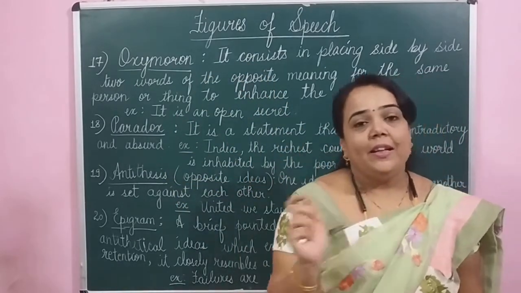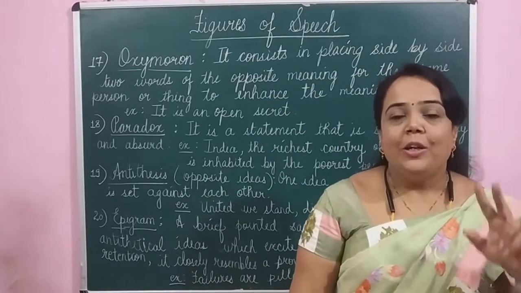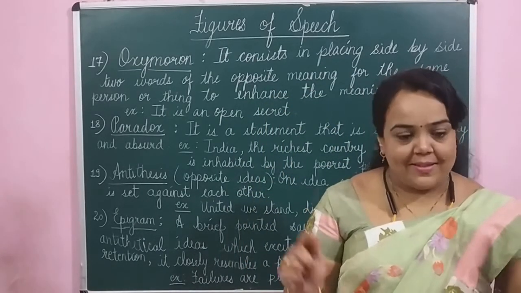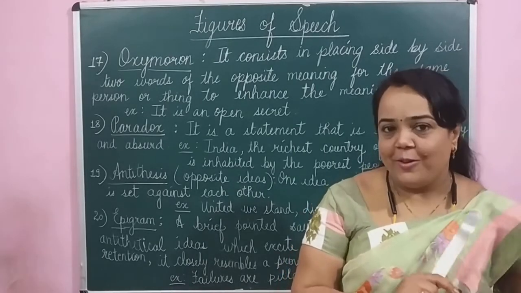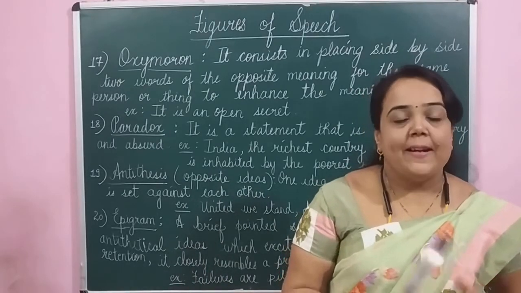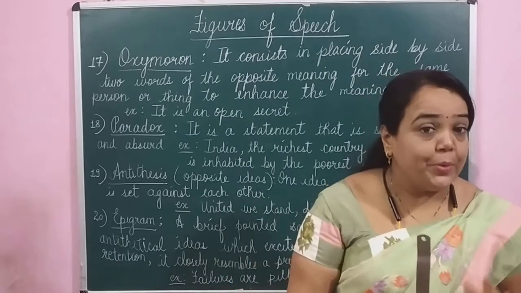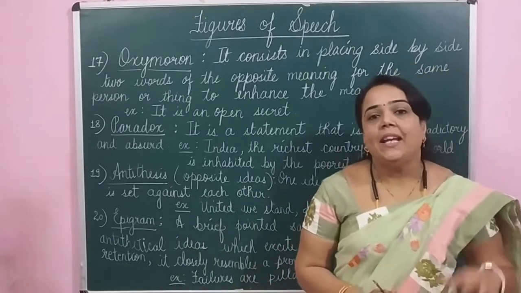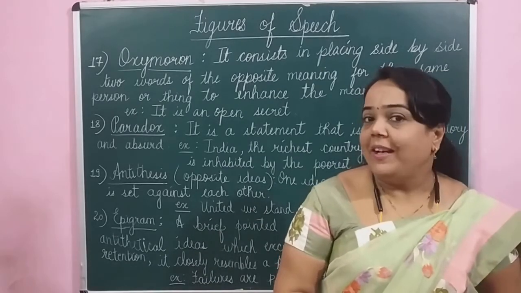Don't get confused when seeing these both. Oxymoron, 2 contradictory words side by side about the same person or thing. Antithesis, 2 opposite ideas placed in the same sentence in different phrases, usually to highlight and emphasize the aspect which has to be pointed out.